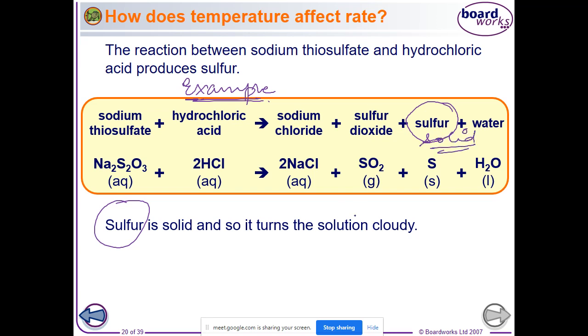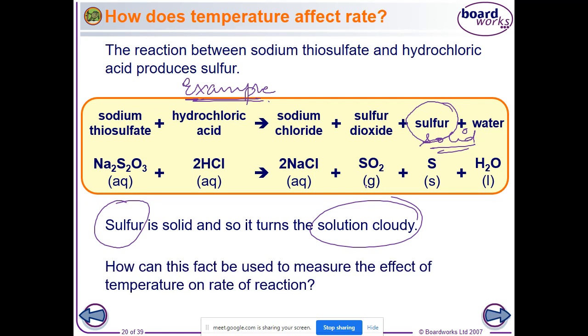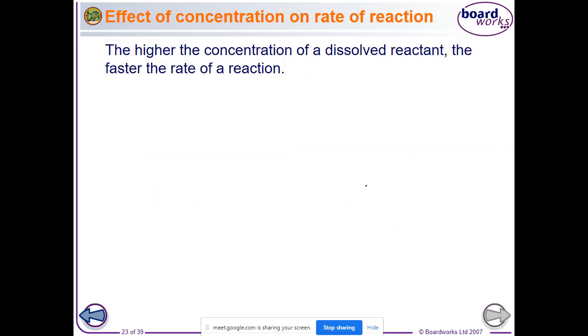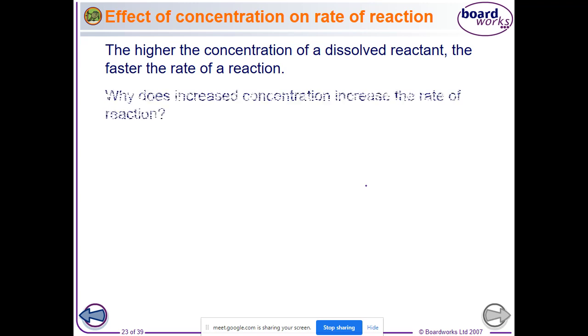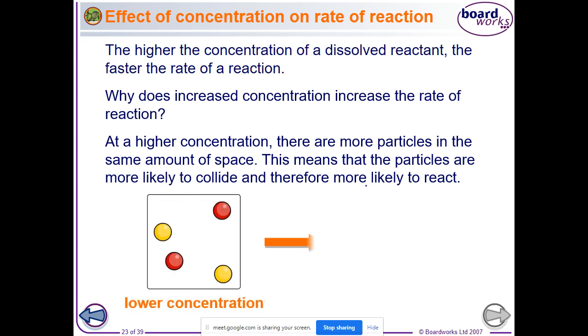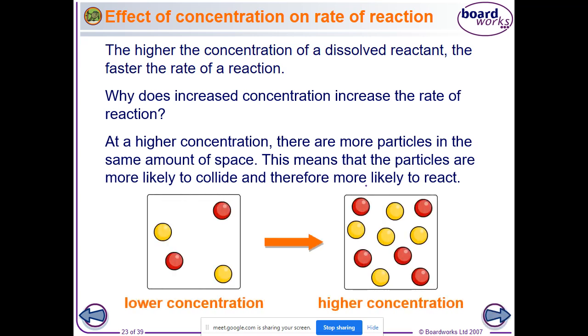It would turn the solution cloudy. Clear? How can this fact be used to measure the effect of temperature on the rate of a reaction? You can do that. Next is concentration and pressure. So the more the concentration, the higher will be the rate of the reaction, right? You can just go through the slide.